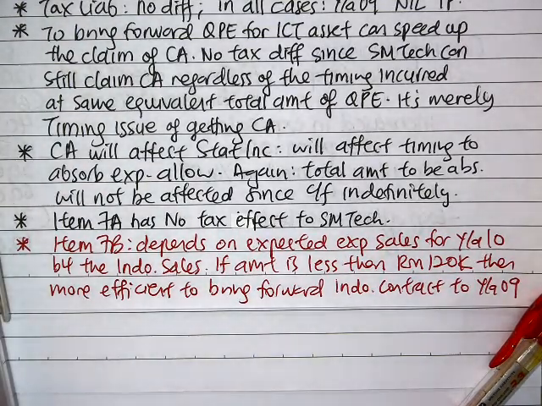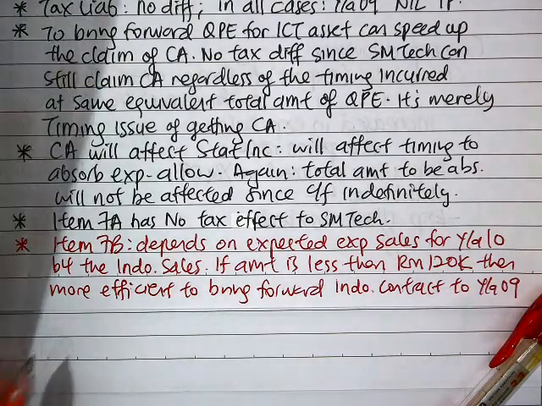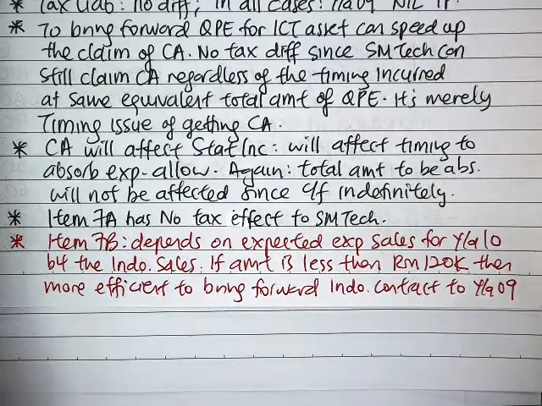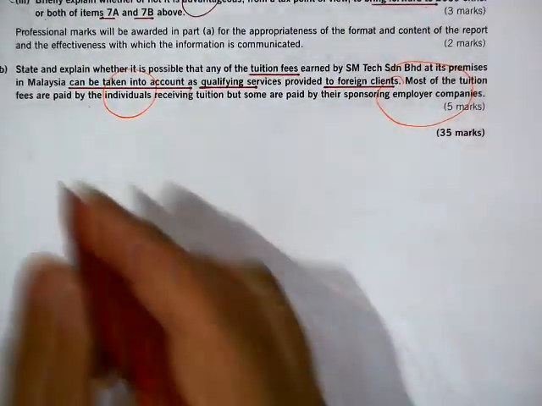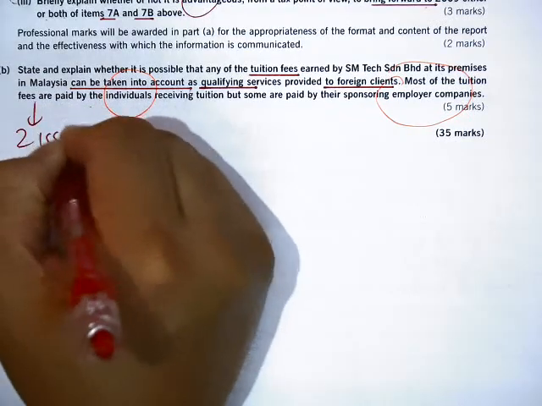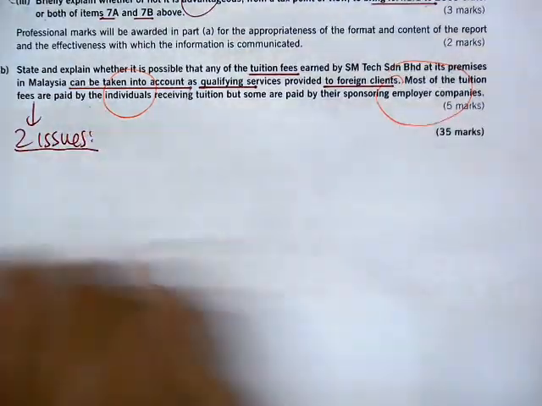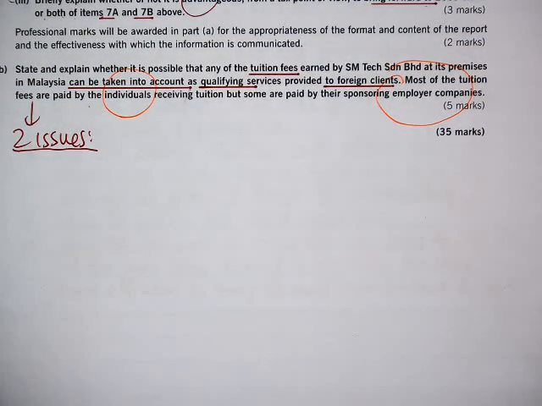Now B, they ask us to state whether it is possible for tuition fee to be taken as qualifying service to foreign client. Okay. Now there are two issues that we need to see here. Now there are two issues.